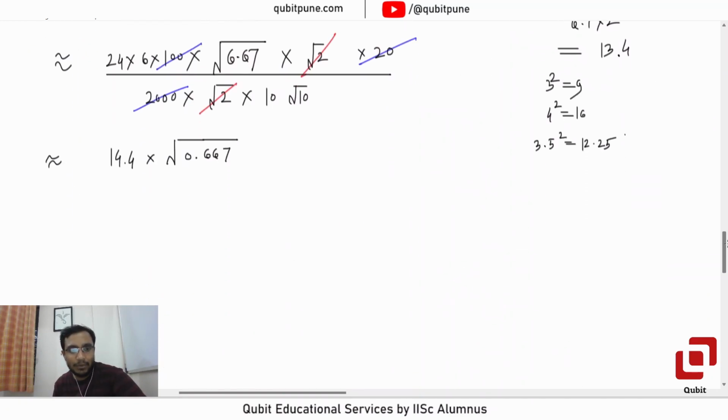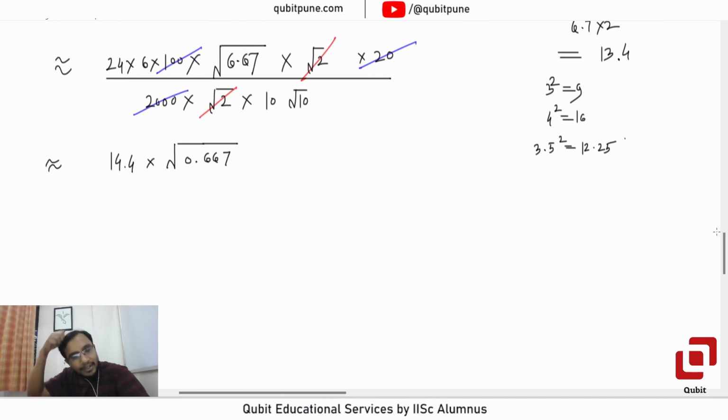It all depends on how well we approximate the square root of 0.667. 0.64 is 0.8 squared.